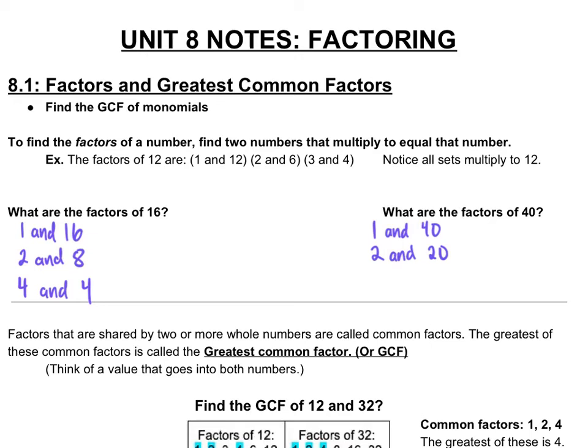But I know 4 goes into 40 10 times, so I could say 4 and 10. Since 40 ends in a 0 or a 5, I know that 5 goes into it. So 40 divided by 5 is 8, so we have 5 and 8. 6 does not go evenly into 40. 7 does not go evenly into 40.